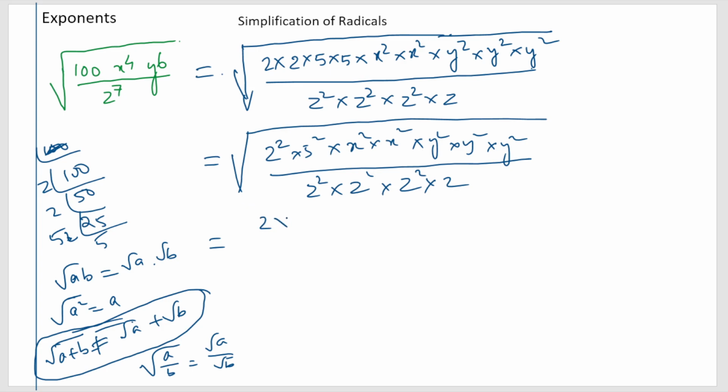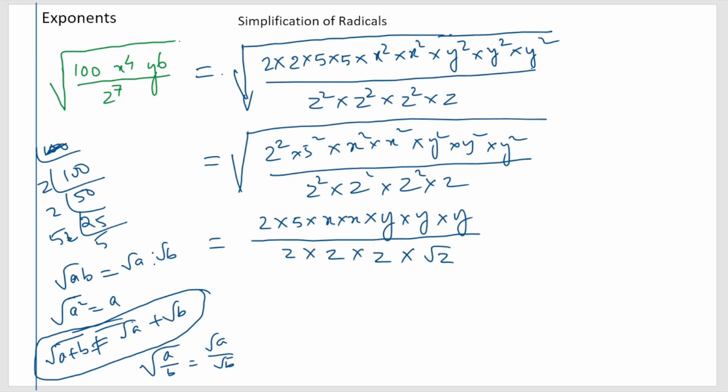So it is 2 into 5 into x into x into y into y into y by z into z into z into root of z. So it is 2 5 is 10, x into x square, y cube by z cube into root z.